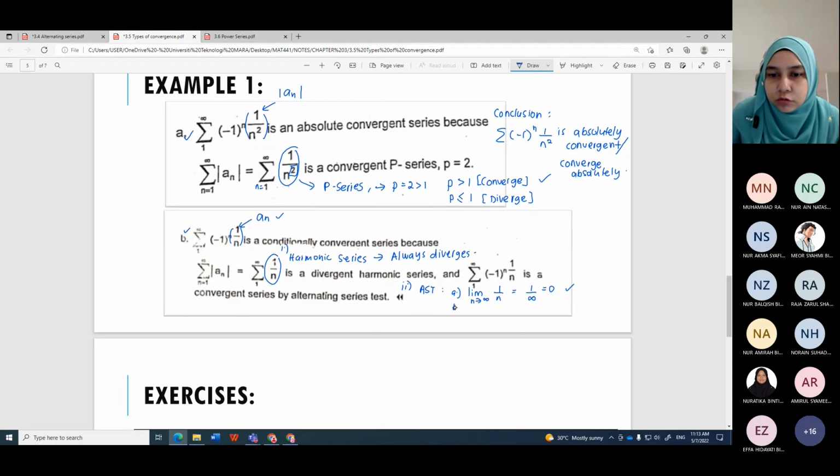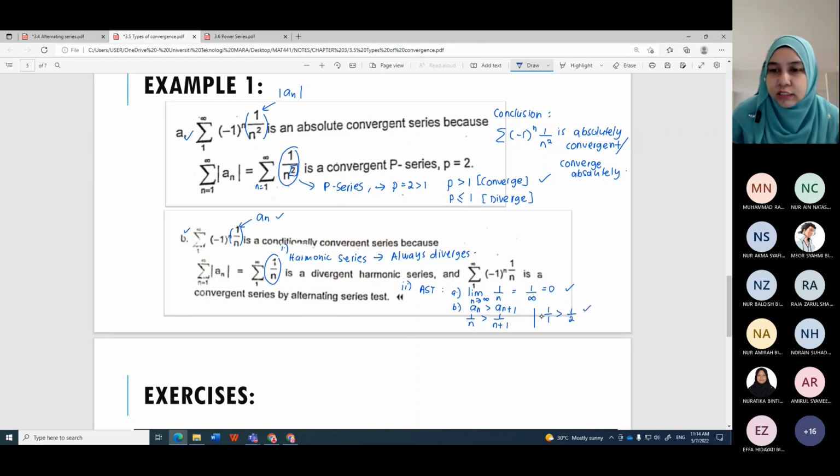Then we proceed to the second condition. The second condition mentions that A sub N must be greater than A sub N plus 1. So 1 over N, is it greater than 1 over N plus 1? Then we substitute value N is equal to 1. 1/1 greater than 1/2.